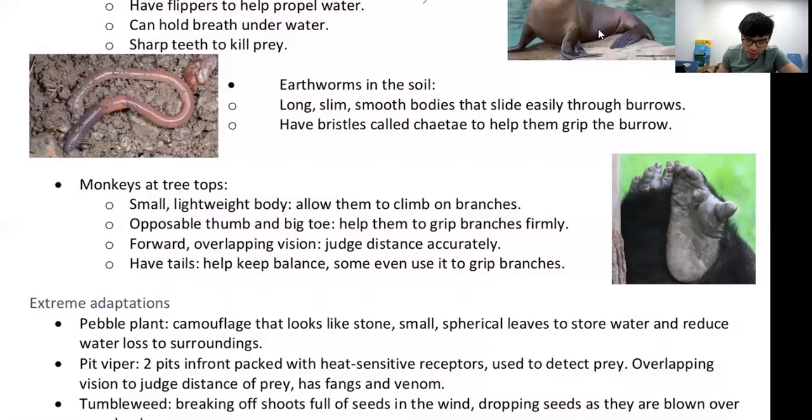So next, they have opposable thumb and big toe. What does it mean? That means their thumb and their toe are in opposite directions. This is to help them grip the branch and then they can swing. We don't have this. Our toes are just five arranged nicely together. It's not like this, so that we can grip the branch. Can you grip a stick using your leg?